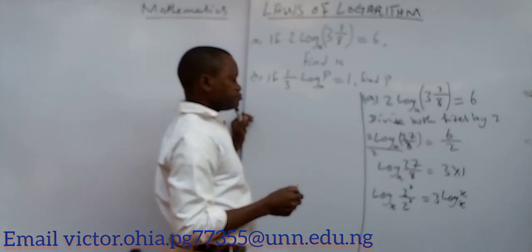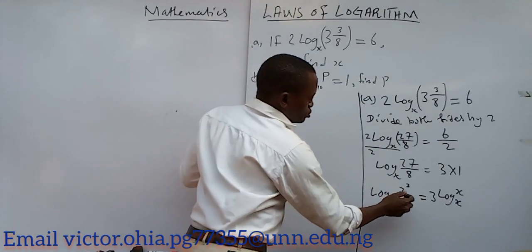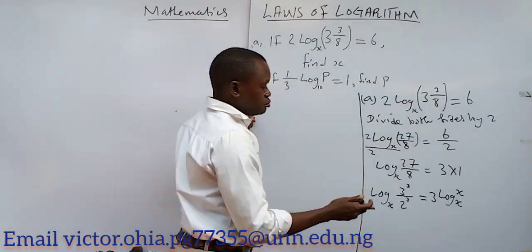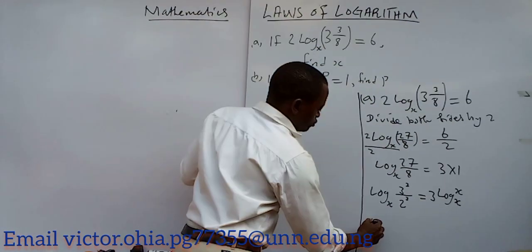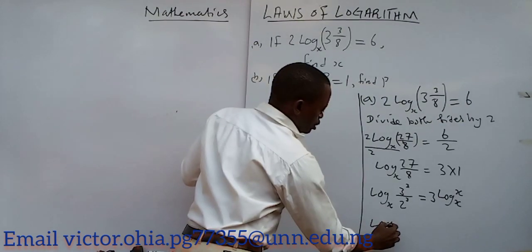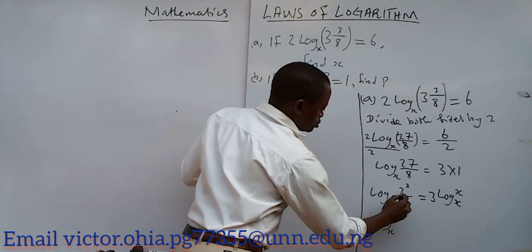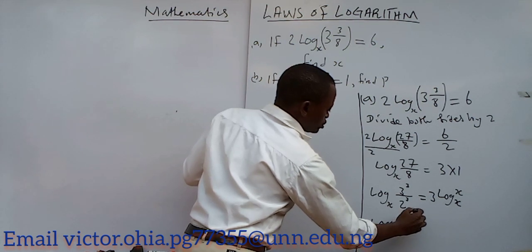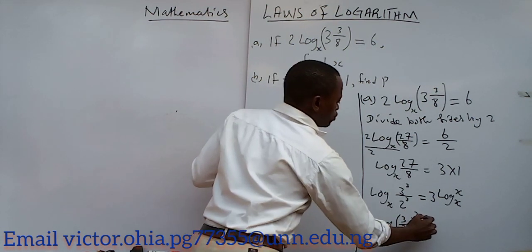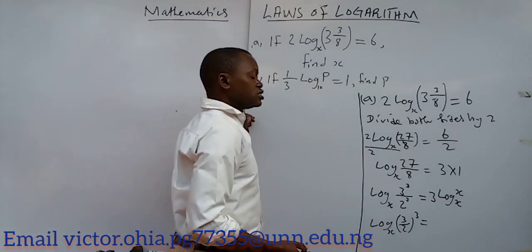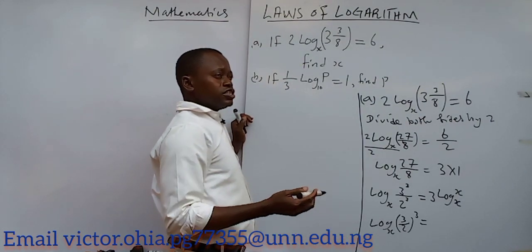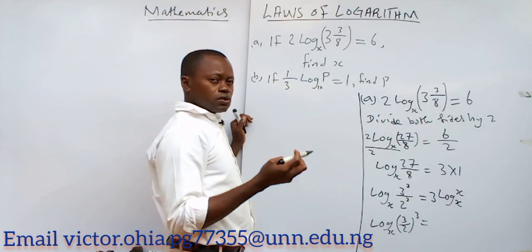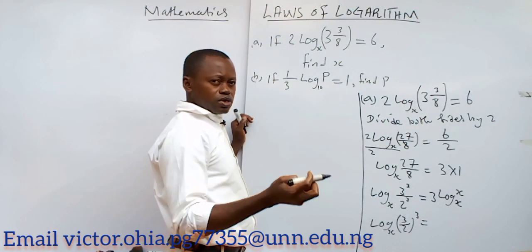Okay, all right. So permit me again to gather these powers that are the same together. So we have log in base x, so this will be 3 over 2, raised to power 3, equals, when we said that the logarithm of a number, if that number is raised to a power, it is equal to the product of the power and the logarithm of the number.